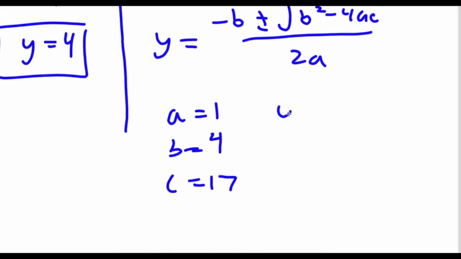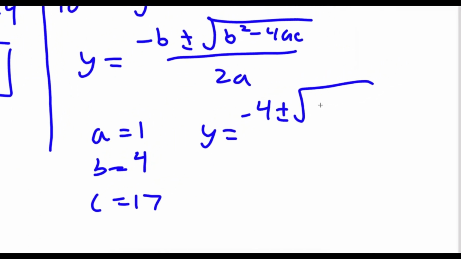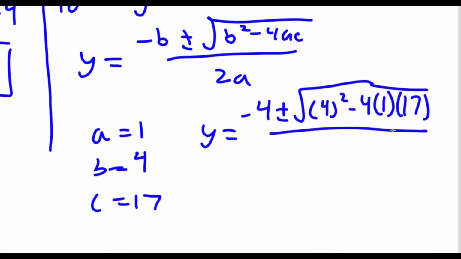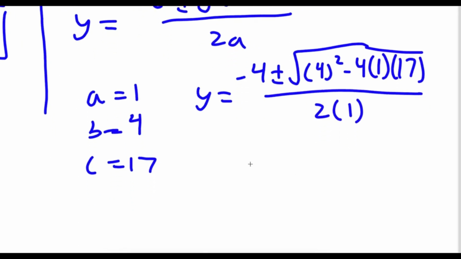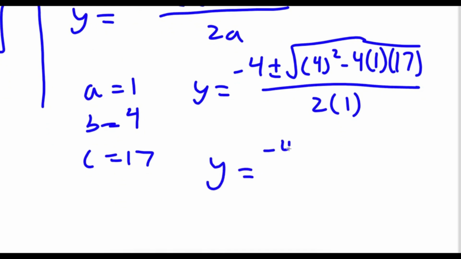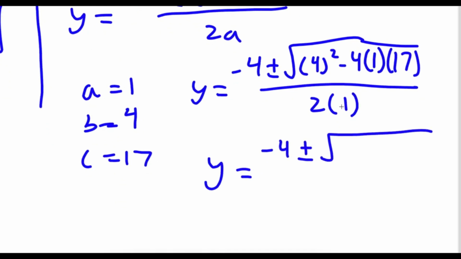So now I have negative 4 plus or minus the square root of 4 squared minus 4 times 1 times 17, and I have this all over 2 times 1. Now I have negative 4 plus or minus the square root of 4 squared is 16 minus 4 times 1 times 17 is 68 over 2 times 1 is 2.